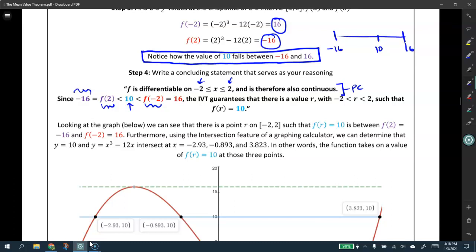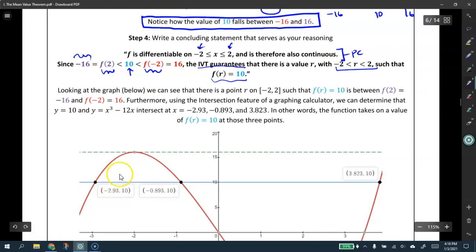And so it does fall within that interval. And not just that, the number 10 is greater than -16 and it is less than +16. So we conclude that the IVT guarantees that there is some value r in that interval where f of r is equal to 10. I know it's a mouthful, but try to get used to how it's being written.